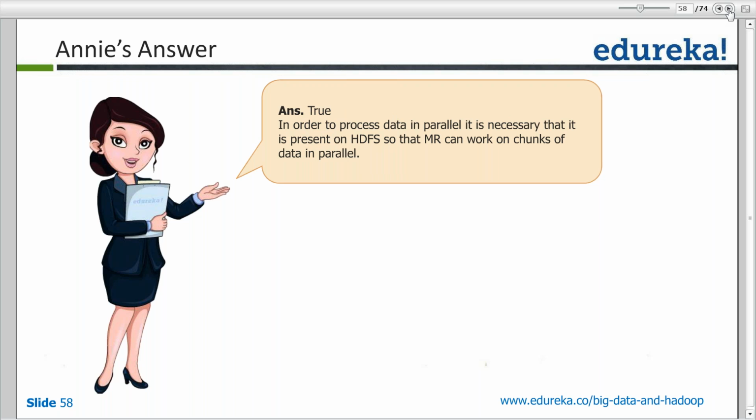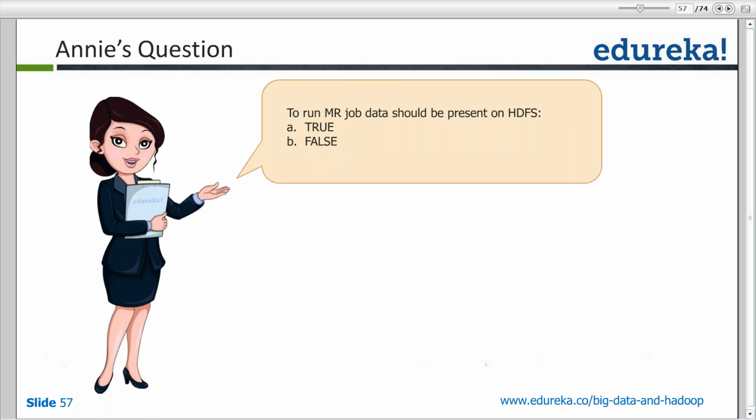To run a MapReduce job, data should be present on HDFS, right? I'll tell you the answer for this also because we haven't discussed it. The answer to this is true as per Edureka's content, but it is false. The actual answer is false. I can run a MapReduce job directly on S3 or any file system because Hadoop is compatible.